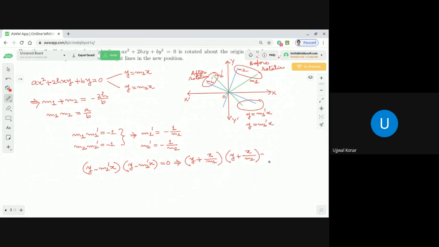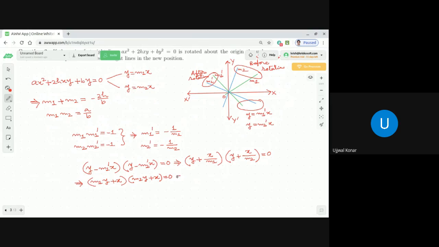So jointly we can write this as x plus m1y into x plus m2y is equal to 0.